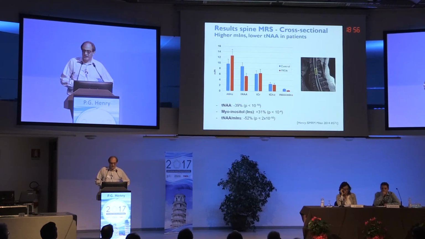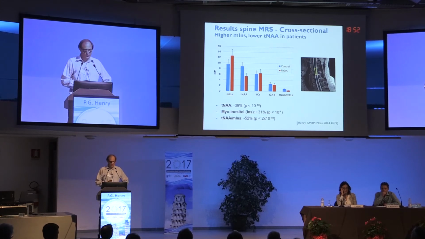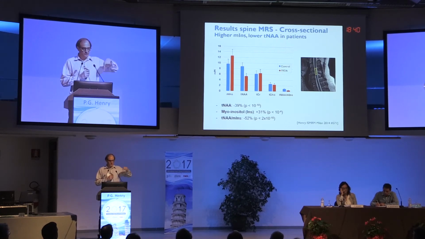These are the cross-sectional data, where on average, NAA was almost 40% lower in patients than in controls. Myo-inositol was 30% higher. And when you take the ratio to amplify the differences, there's one going up and the other one going down, you get a ratio NAA over myo-inositol almost half in Friedreich's compared to controls.